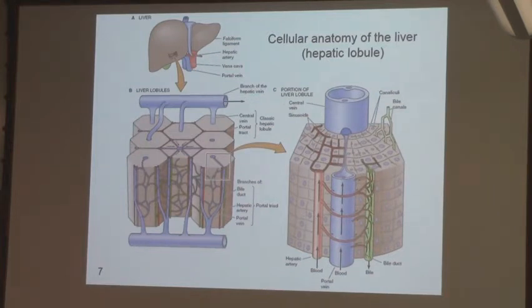So blood flow is sort of percolating around the cells of the liver. Arterial blood and venous blood work their way out, surround the cells through these sinusoids, bathing the hepatocytes in a mixture of arterial and venous blood.